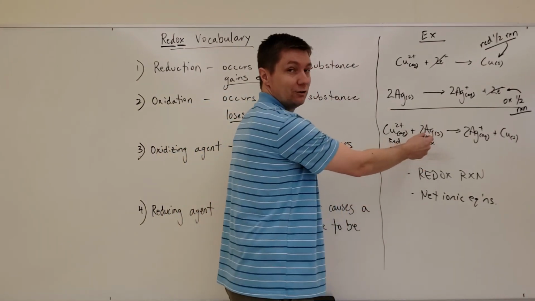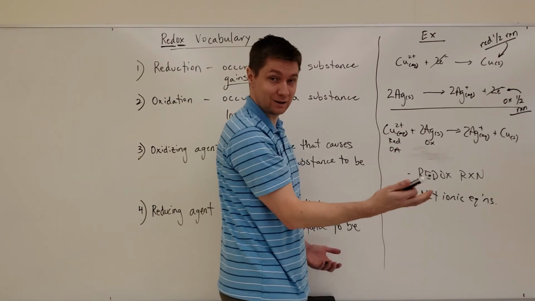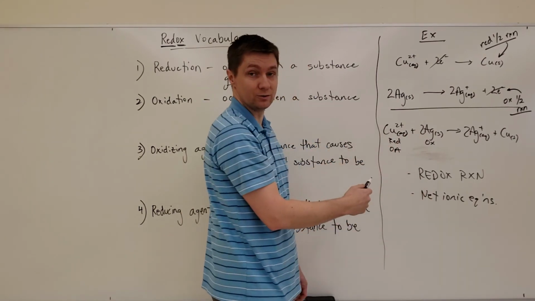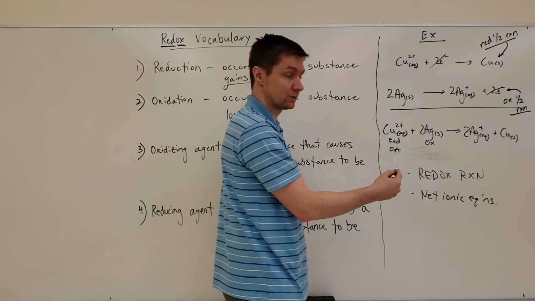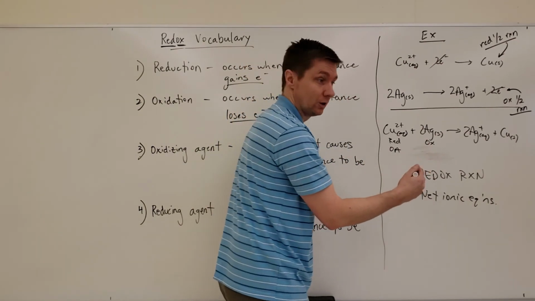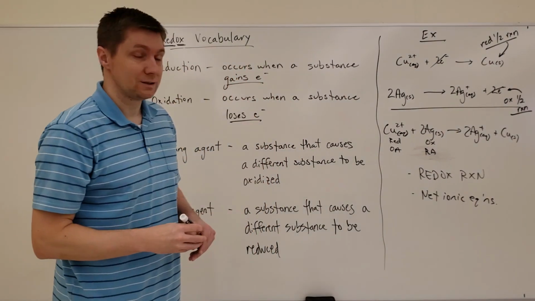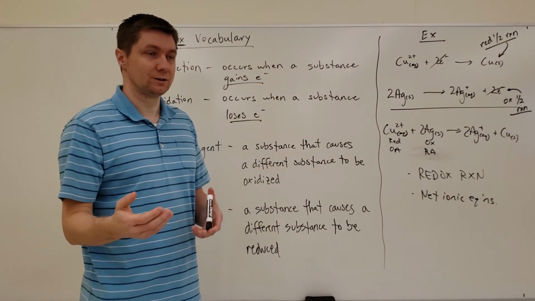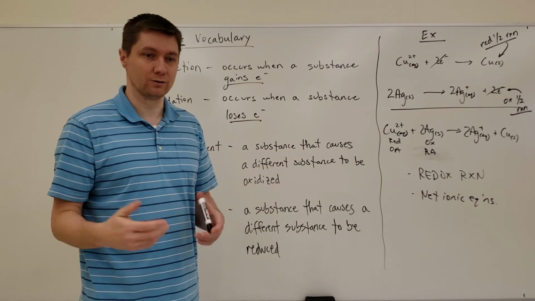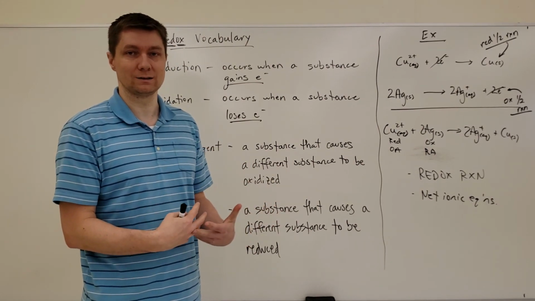And because the silver is being oxidized, it is the substance that's causing the copper 2 positive to be reduced. So that makes the silver solid the reducing agent. And the oxidizing agent and the reducing agent, the things that are being oxidized and reduced, those are always found on the reactant side of the equation.